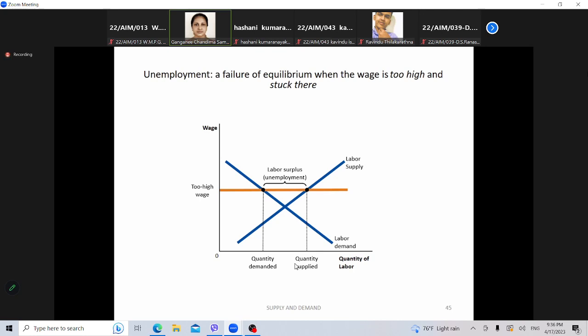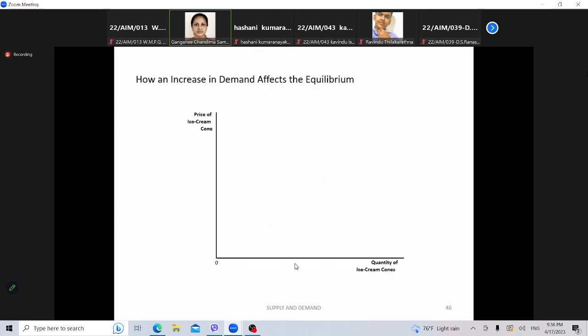That labor surplus causes unemployment, because each and every country doesn't have the space to gather the production process.